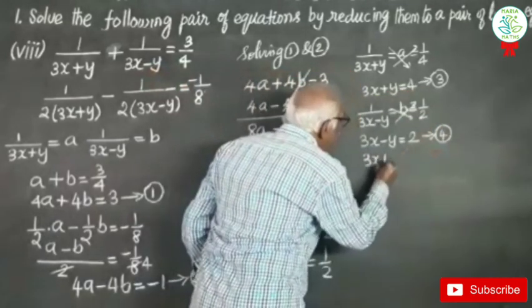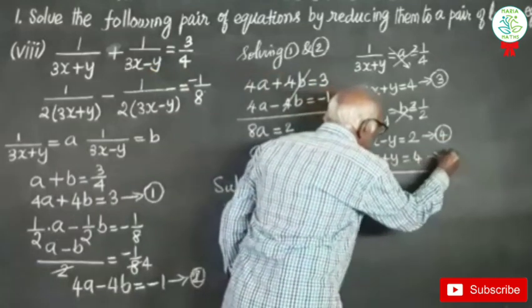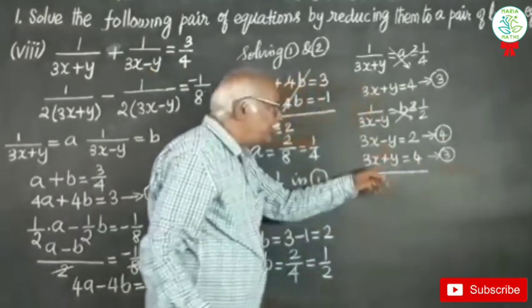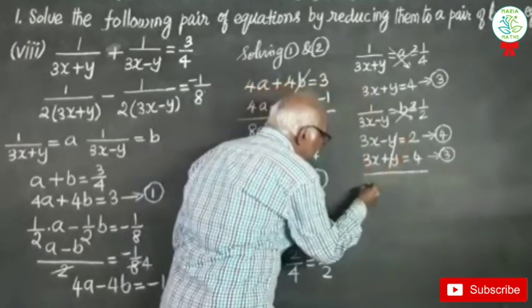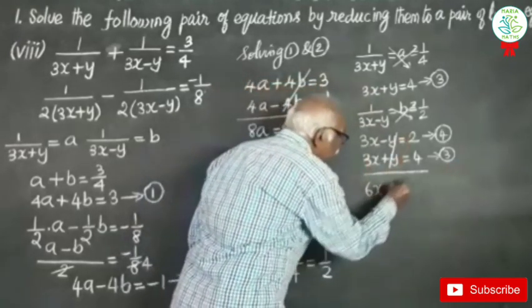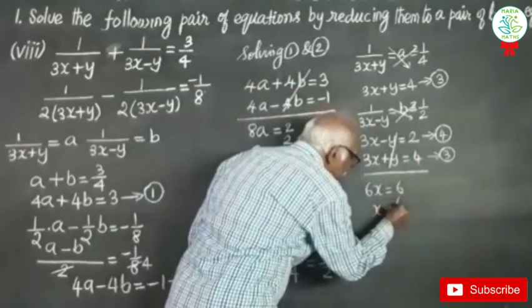3x plus y equal to 4, this is equation number 3. Now solve: plus y and minus y cancel. 3x plus 3x, 6x equal to 2 plus 4, 6. x is equal to 6 by 6, 1.